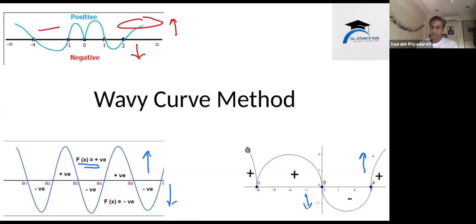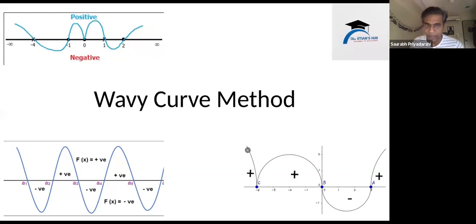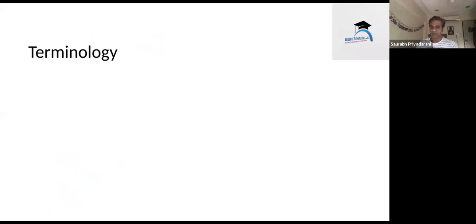In this method, first we'll start with the basic terminology. What we are going to study is very important: what are the new terminologies we are going to use and how to use them. So, starting with the terminology of the basic Wavy Curve Method.